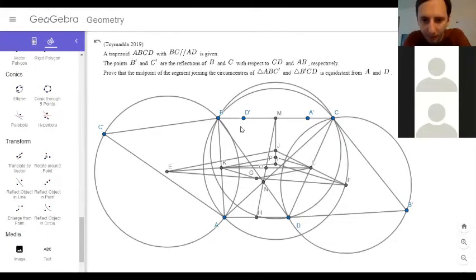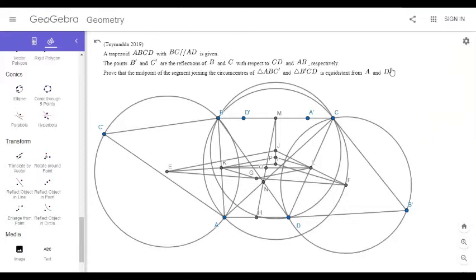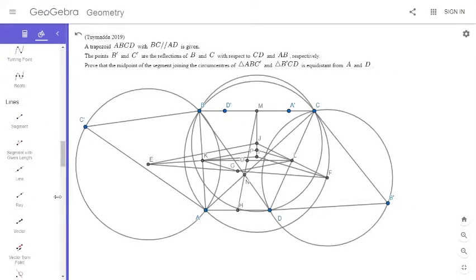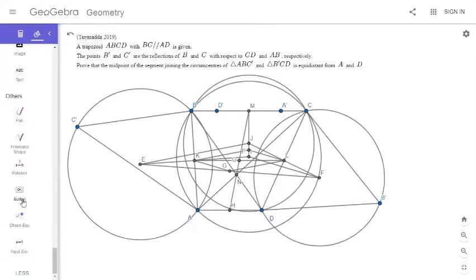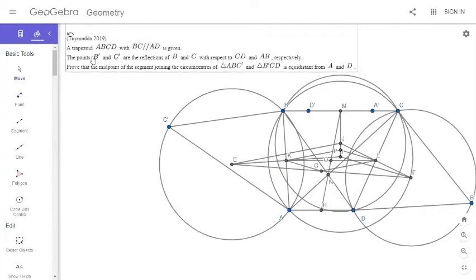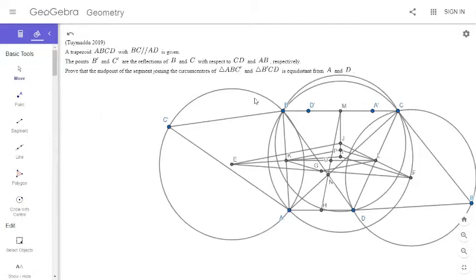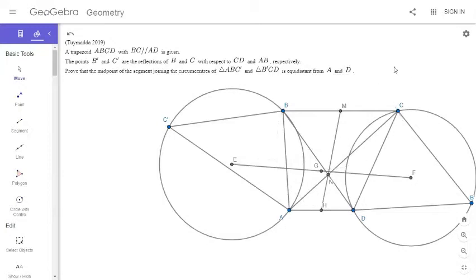So are there any parts of the diagram that we can delete? I don't think so. I think we want everything we added. So I'm going to delete it for now, but I'm going to add it back as I do the proof.